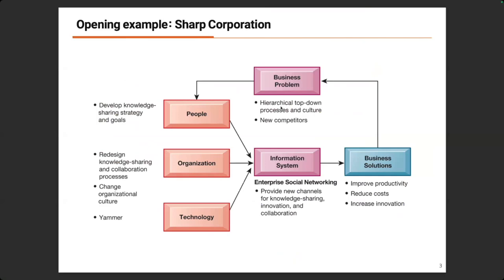So with the information systems based on Microsoft Yammer, there is now more effective sharing of employee knowledge in the company, and this company has become more innovative and productive.